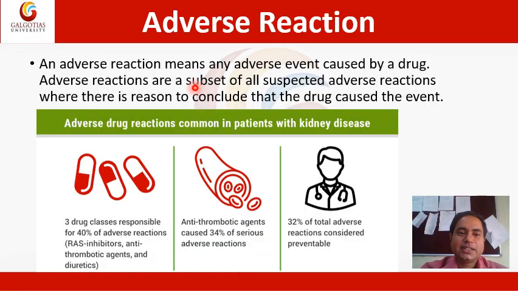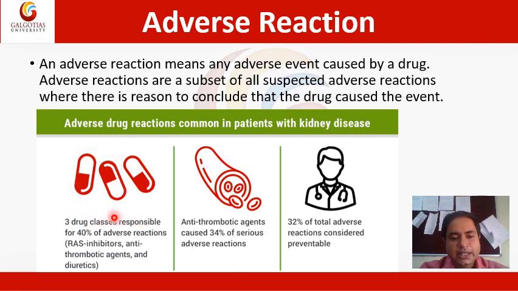Adverse reaction means any adverse event caused by a drug. So adverse reactions are a subset of all suspected adverse reactions where there is reason to conclude that the drug caused the event. Adverse drug reactions are common in patients with kidney disorders.